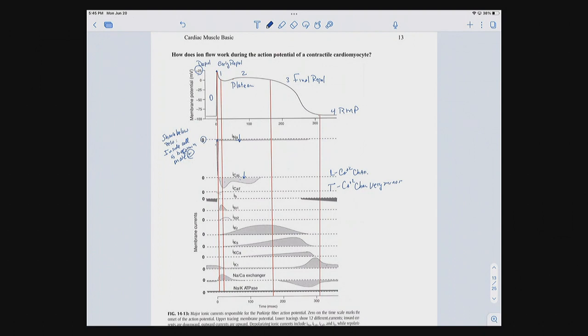But you'll note this is phase 1, early repolarization, which means I'm having something drag the membrane potential towards the more negative. Well, what's going on with that? Well, one thing going on is that I have here some outward rectifying potassium channels.